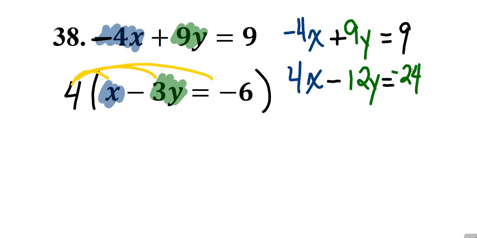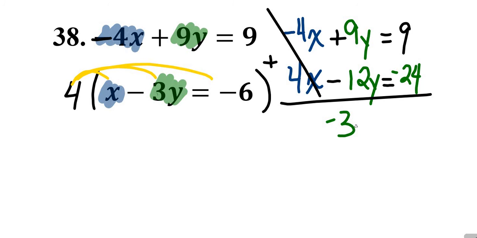All right, now, when I add these, I see my x's now cancel. So 9 minus 12 is going to be negative 3y.